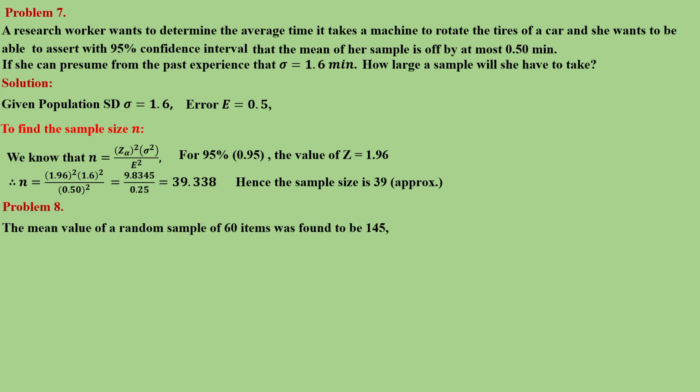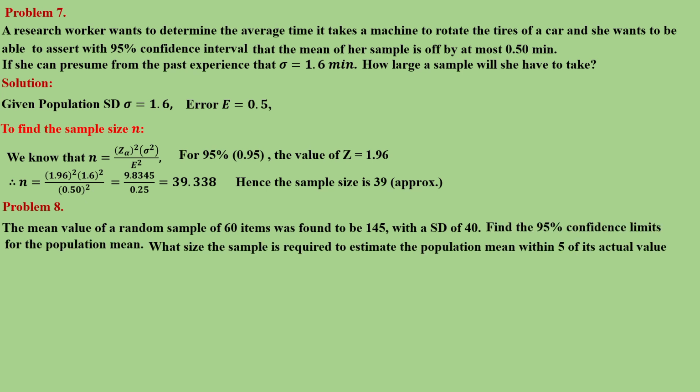Next problem. The mean value of a random sample of 60 items was found to be 145, with a standard deviation of 40. Find the 95% confidence limit for the population mean. What sample size is required to estimate the population mean within 5 of its actual value with 95% or more confidence using simple mean, right?